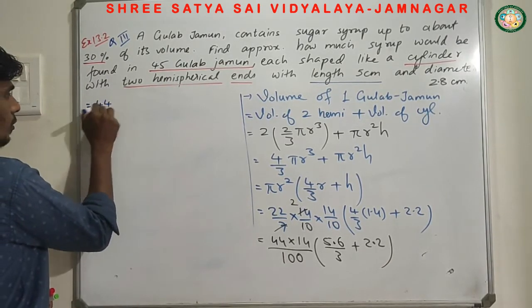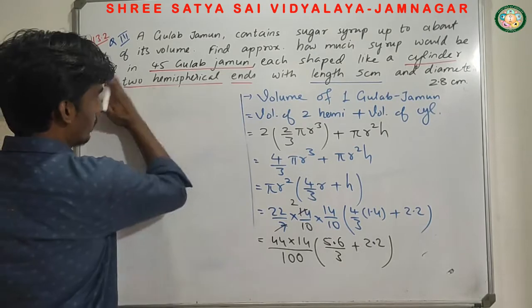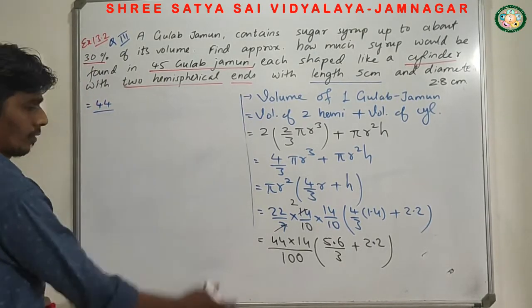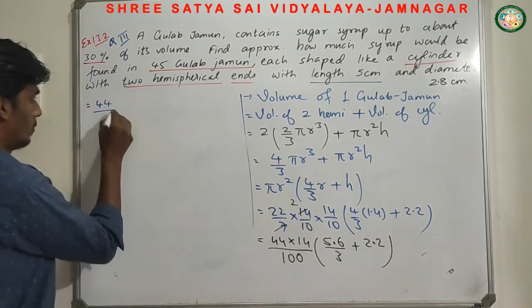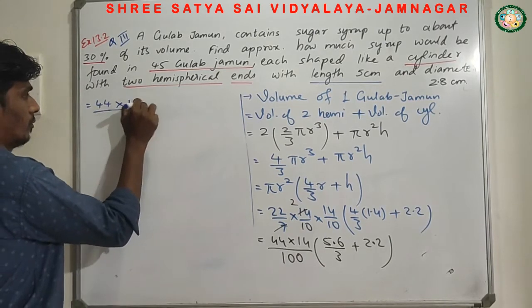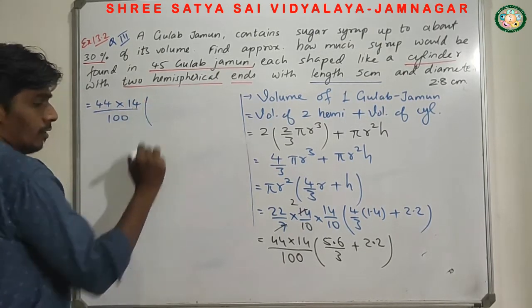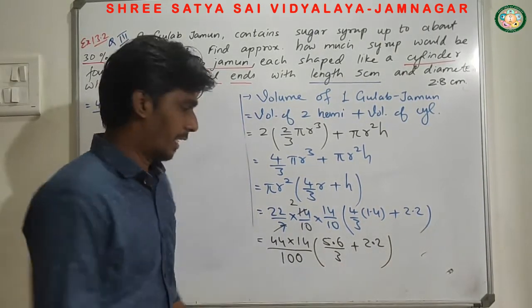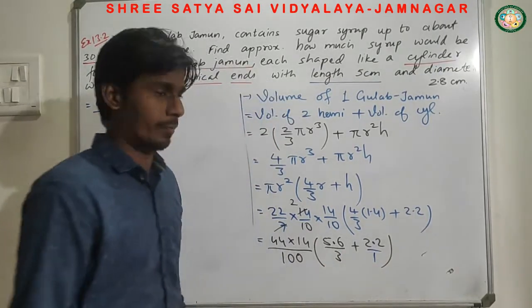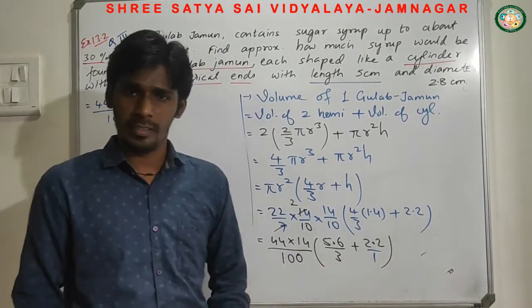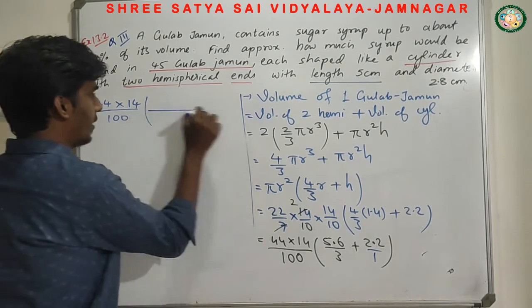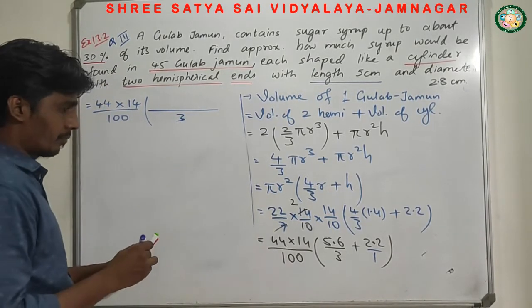So it's 44 upon how much? 44 into 14 upon 100. Now what is the LCM here? If nothing is there, it means 1. Now LCM of 3 and 1 is 3 itself. So you can write here 3 is the LCM.